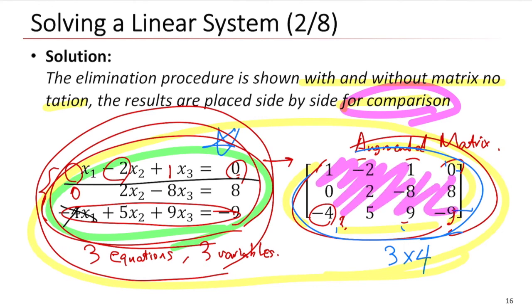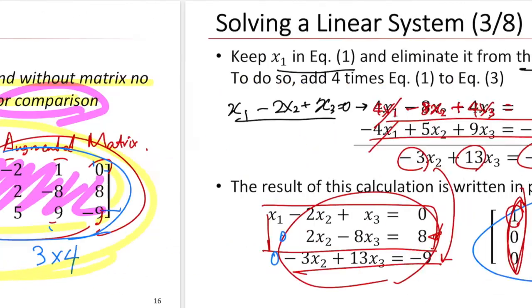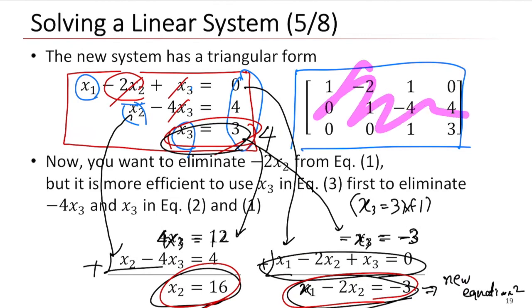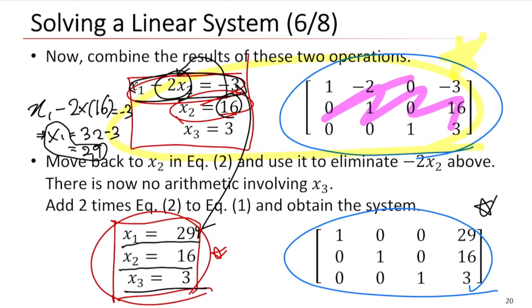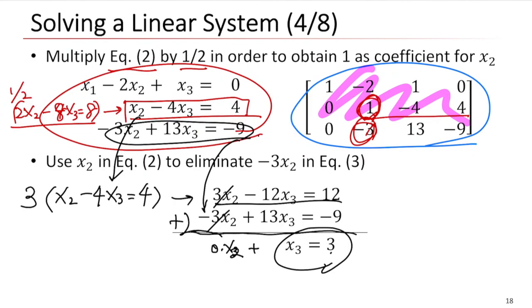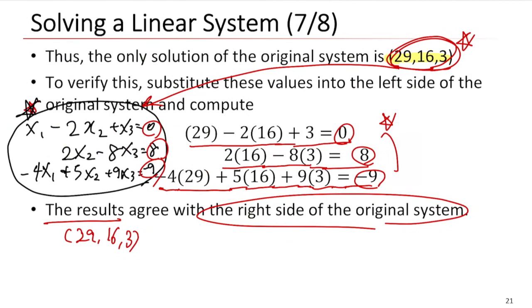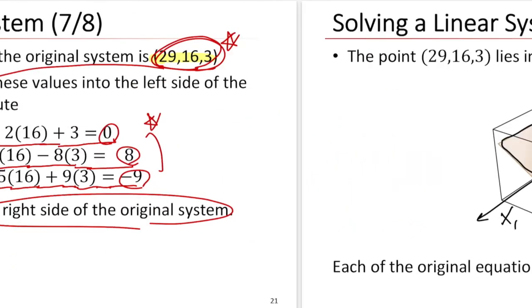Compared to the equation form, the matrix form was much more efficient, right? So if there is a matrix operation to do this complicated procedure, we can solve the linear system more efficiently and more systematically, right?